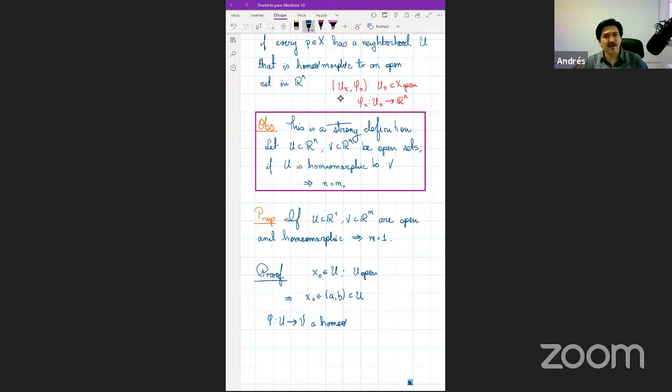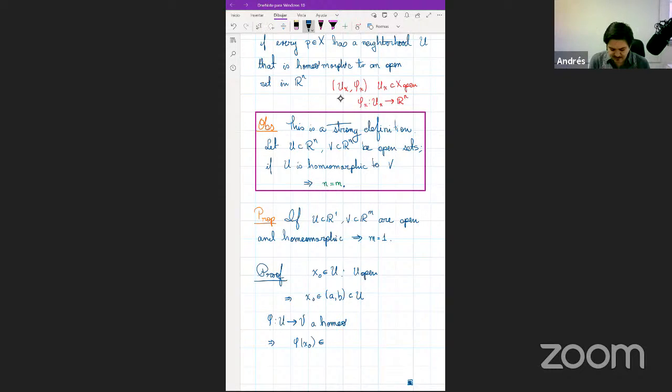So let's see what happens with x naught. x naught is inside V. V is an open set in Rm. So you can put a small ball inside, okay?